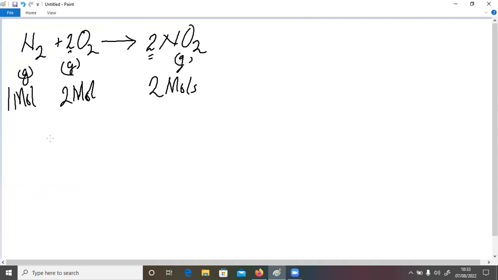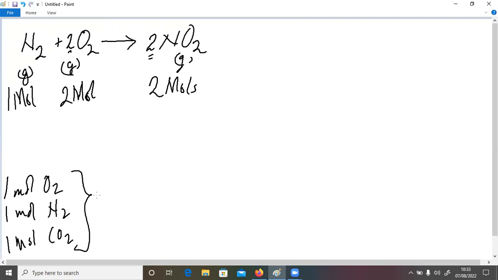But remember the other time we said that 1 mole of any gas, 1 mole of oxygen, 1 mole of nitrogen gas, 1 mole of carbon dioxide gas, all of them occupy 24 dm cubed, or 24,000 centimeter cubed.